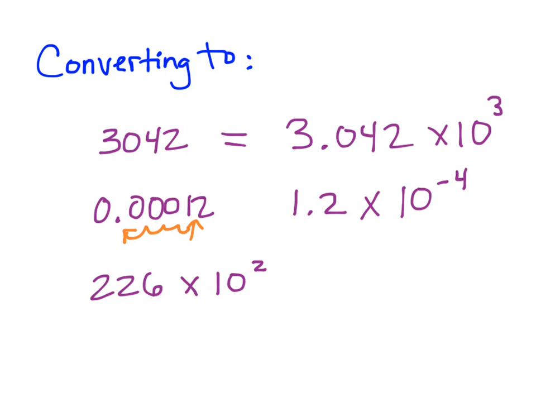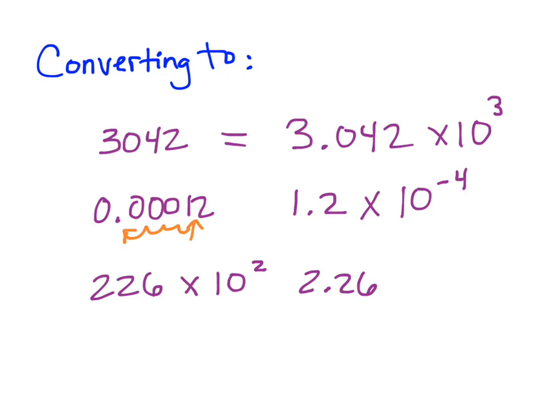All right, and then our final example, this one almost appears to be in scientific notation because it's a number times 10 to an exponent. The problem here is that 226 is still not in scientific notation form because it's not between 1 and 10. All right, so we still need to move the decimal, so I'll make that 2.26, right?